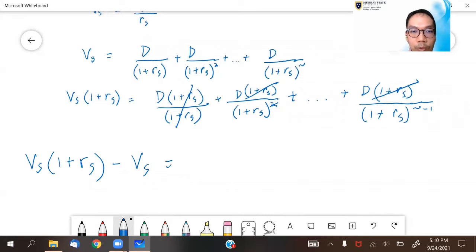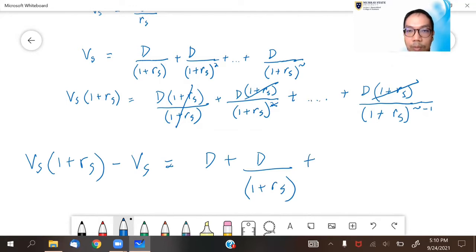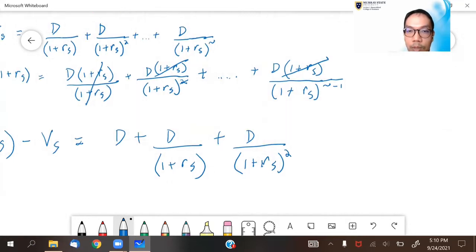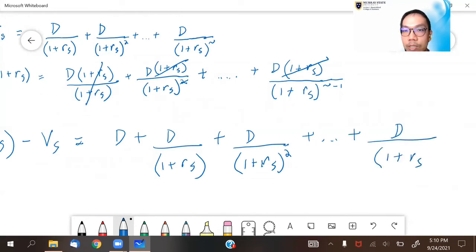From what we just did above, the first one is dividend, plus dividend divided by 1 plus RS, plus dividend divided by 1 plus RS to the power of 2, or squared, and the last one would be dividend divided by 1 plus required return by stockholders to the power of infinity minus 1.